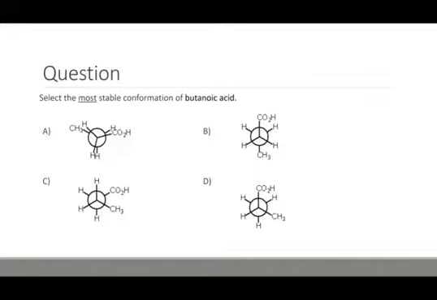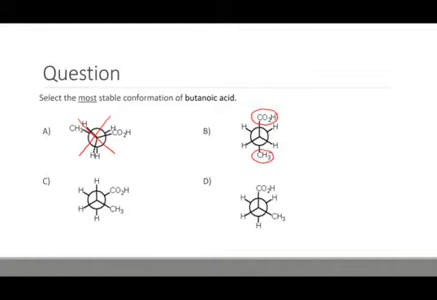So I'm going to already just get rid of our eclipsed conformation as an option. Here we have all different staggered conformations. We have one in part B where our big group here, our CO2H, and our big methyl group in the back are completely opposite of each other.